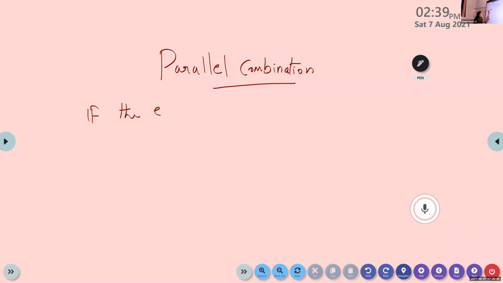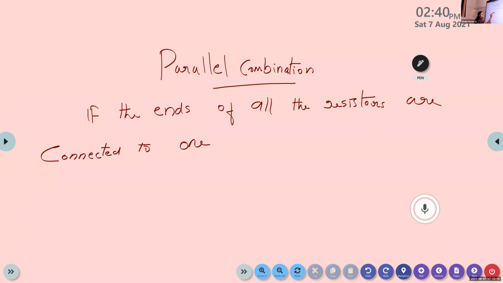If the ends of all the resistors are connected to one end point, we can call it a parallel combination, or we can consider it a parallel combination.